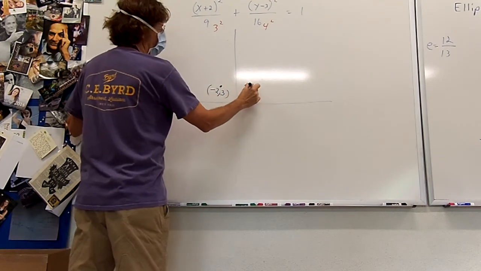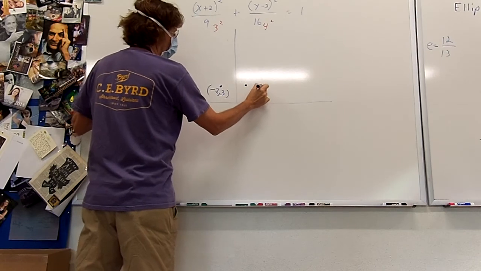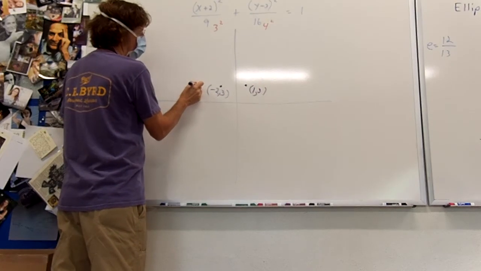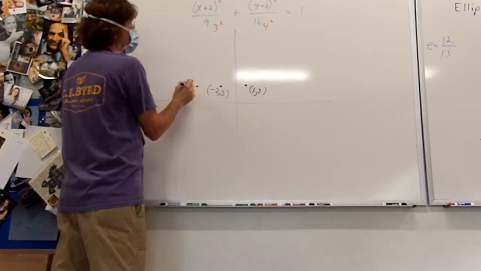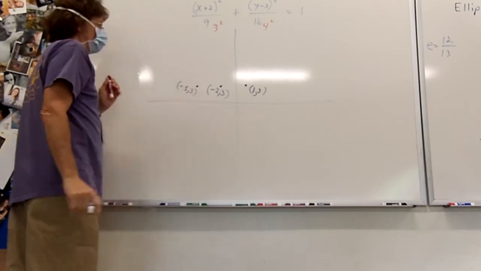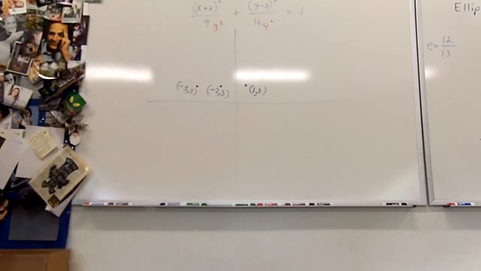Negative 2 plus 3 is 1. Negative 2 minus 3 is negative 5. Please remember, when you move left and right, what number do you change? You change the x.